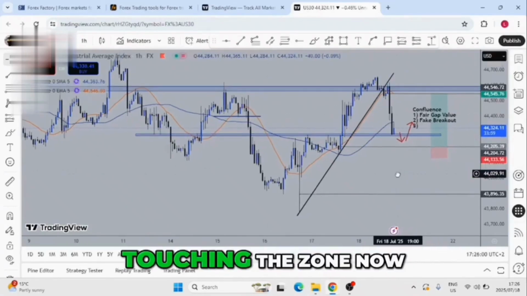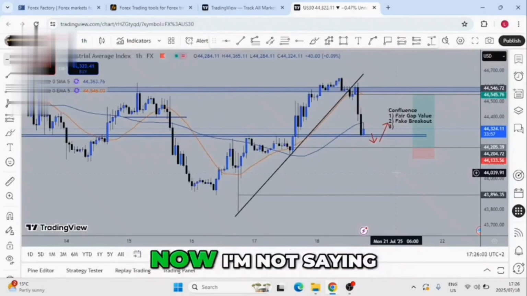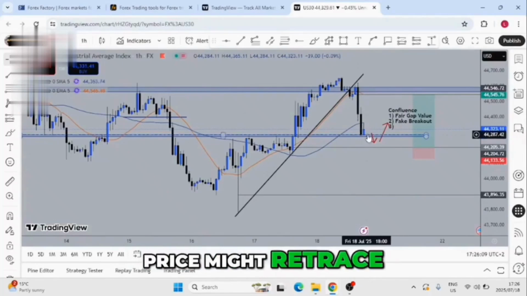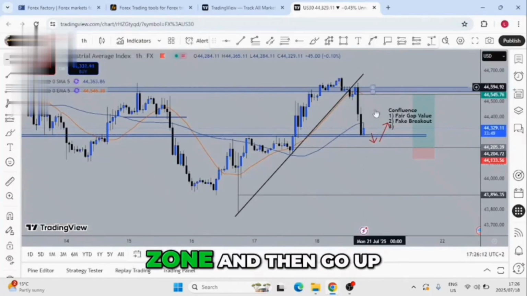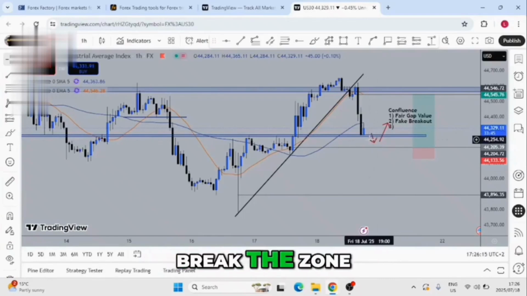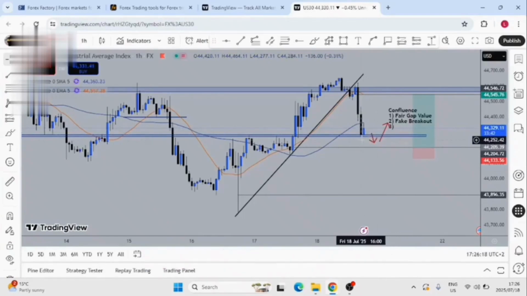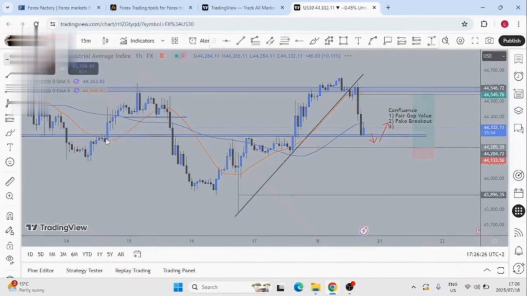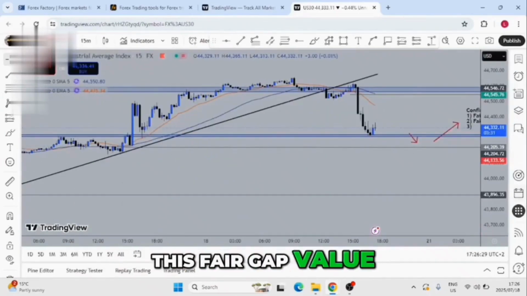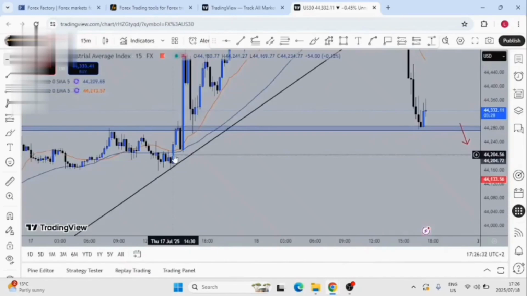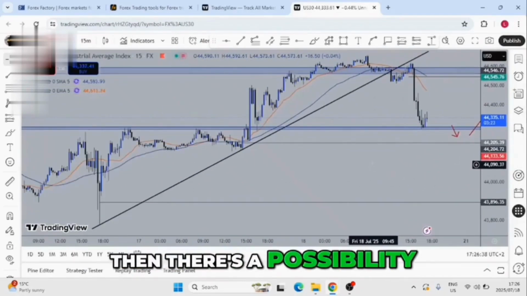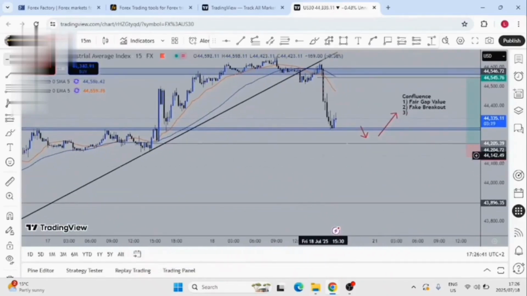So if price keeps touching this zone, now there is a possibility. Now I'm not saying it will happen, but there's a possibility that price might retrace, or it might touch the zone and then go up. But it has to break the zone. If it breaks the zone, then there's a possibility that price will go down. And if it goes down, there's a possibility that price might get to this fair value gap. Let me show you. You can get to this fair value gap right here. And if price gets to this fair value gap, then there's a possibility that price keeps coming down or price goes up.